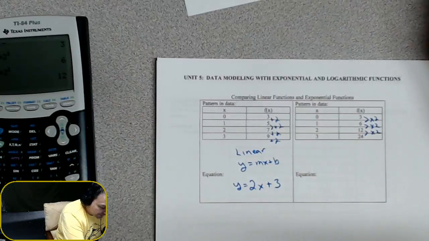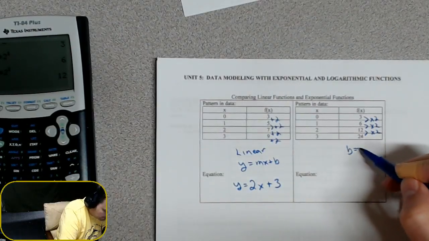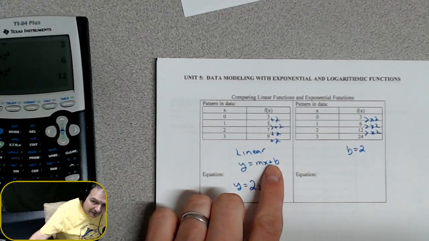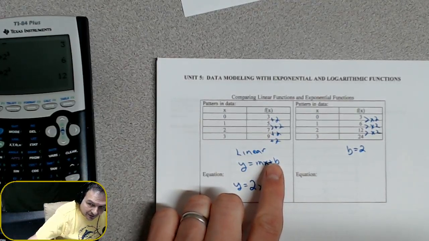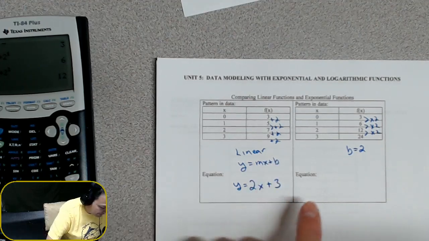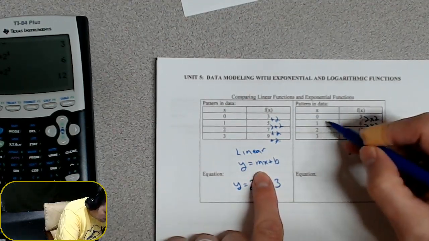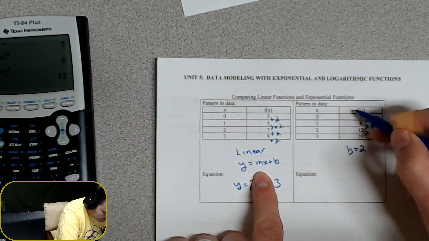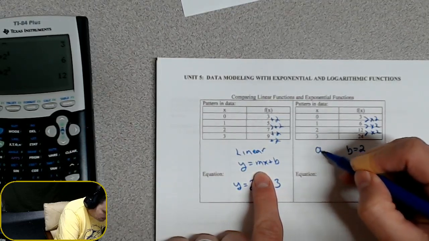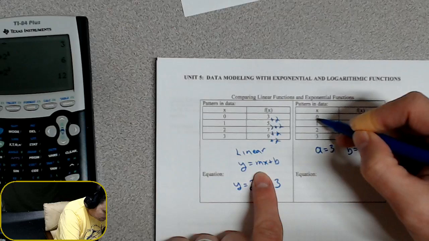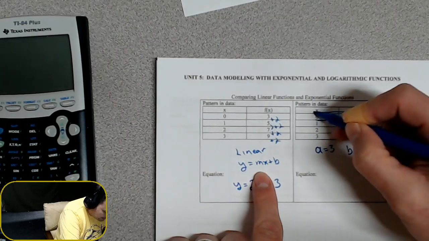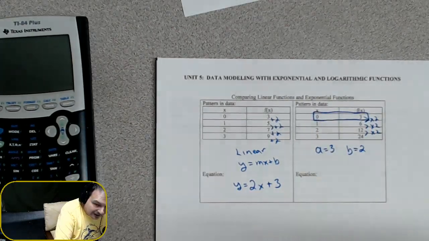See, they're using different letters here. So b is times 2. That's not the same b as that. That's not the y-intercept. That's the b that's being taken to the exponent. Whereas the 0 is the a. a is 3. When x is equal to 0, that's how you get the a. That's a little different.